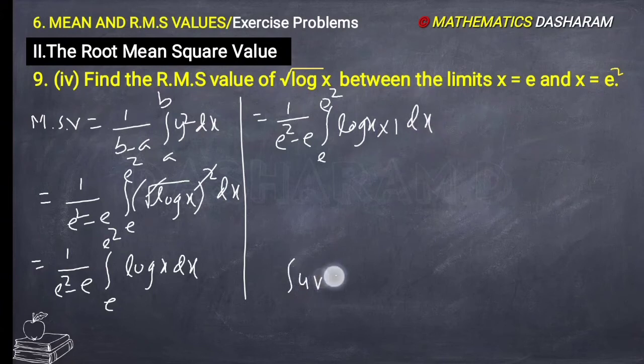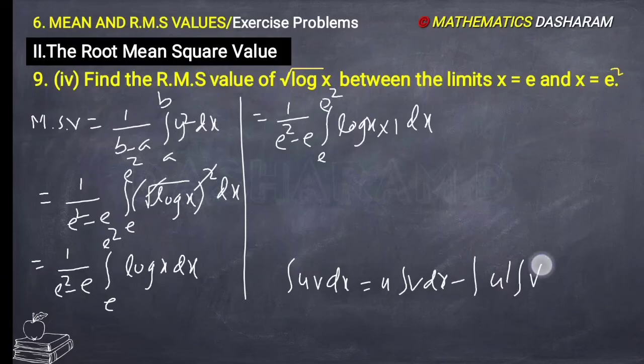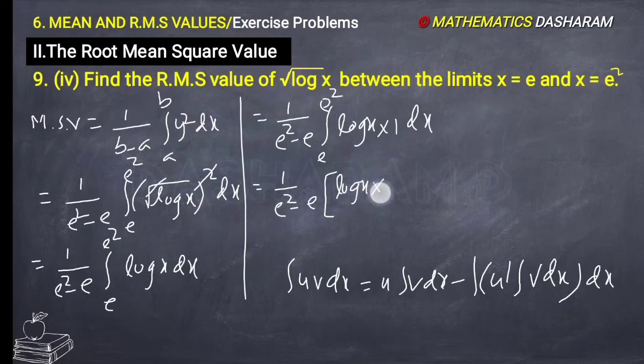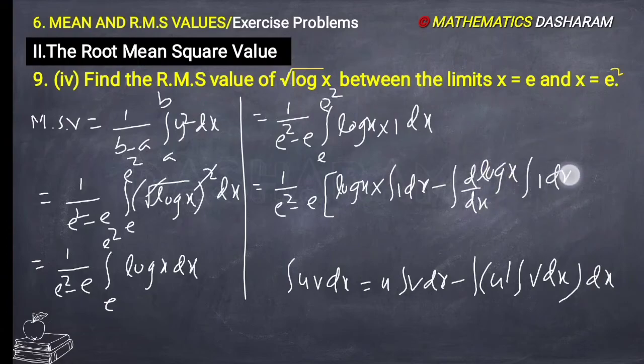Here apply the u into v formula, that is u into integration of v dx minus integration of u dash into integration of v dx whole dx. So 1 by e square minus e, u means here log x into integration 1 dx minus integration d by dx of log x into integration 1 dx whole dx, and the limits are e to e square.